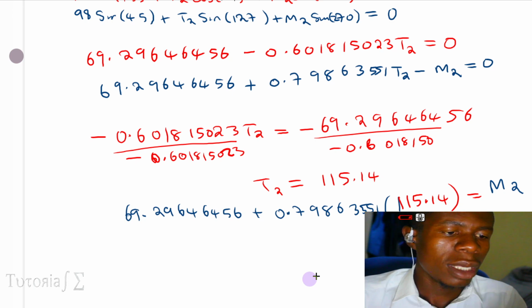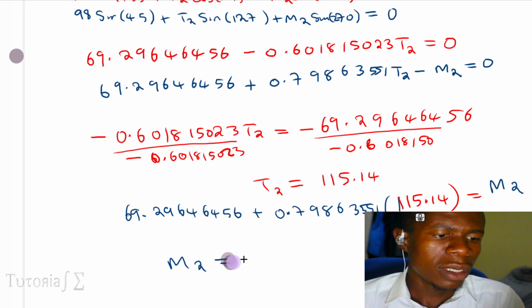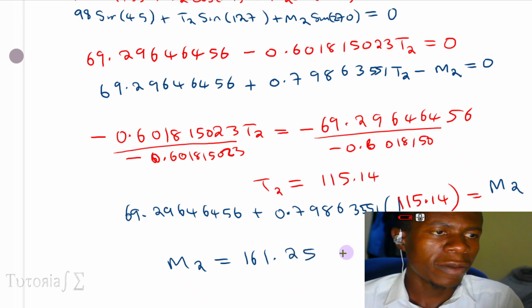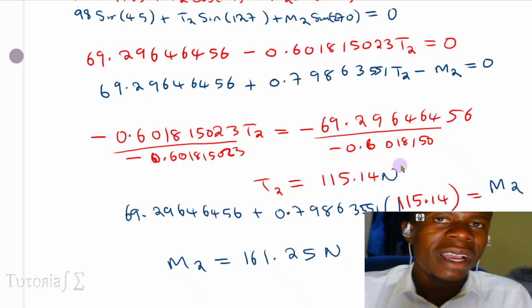When I sum this, it is giving me M2 as 161.25 newtons.